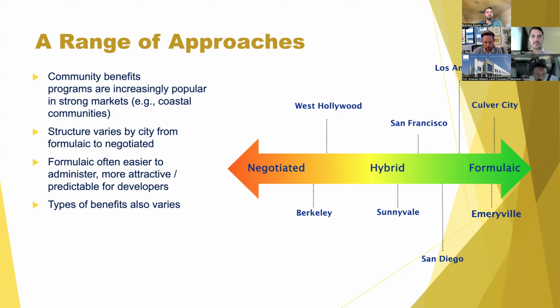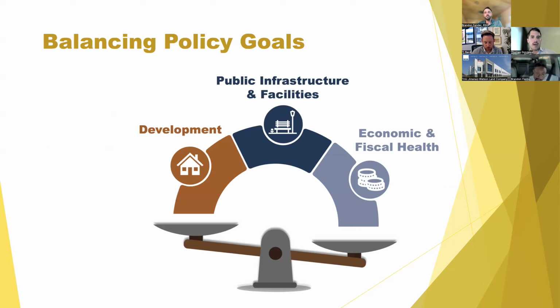So the last point I want to make for both, this really applies to both development impact fees as well as community benefits, and to some degree the programs that Brandon's going to be talking about. It's important that as we go through this process and determine the appropriate fee levels and community benefit program parameters, that we balance the different goals of the city, including encouraging development, providing the necessary public infrastructure and facilities, as well as considering the city's economy and fiscal health, impact on tax revenue, et cetera.